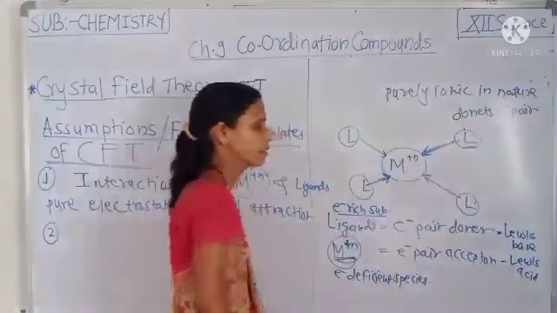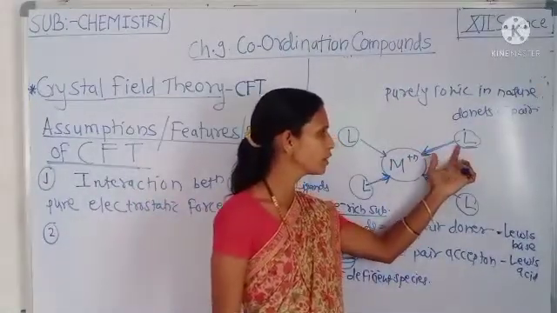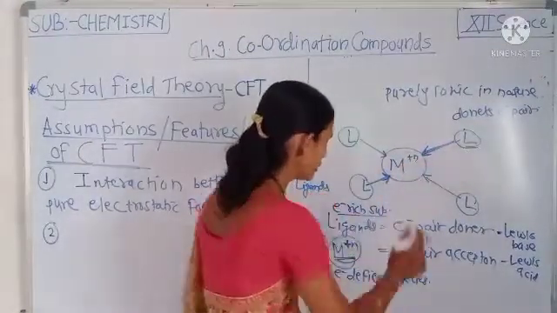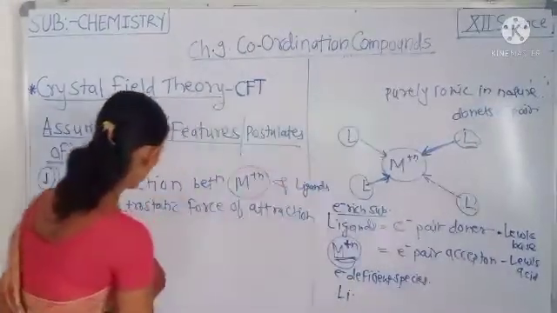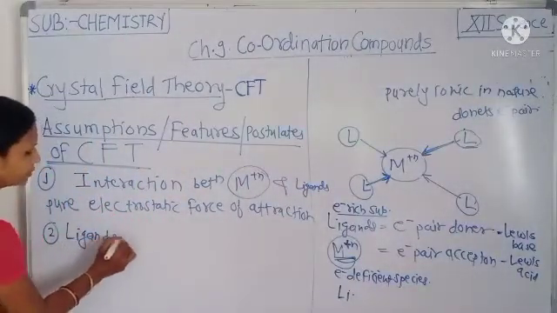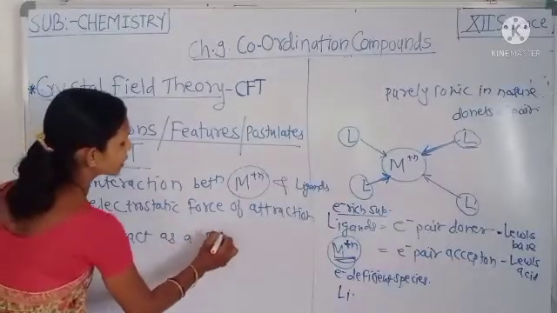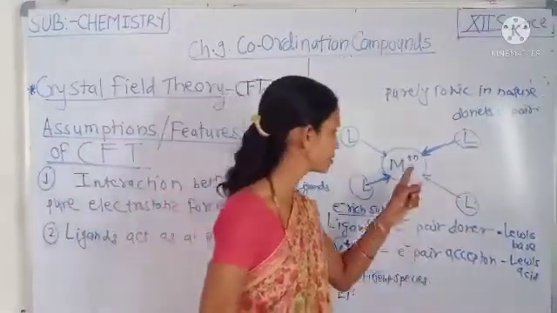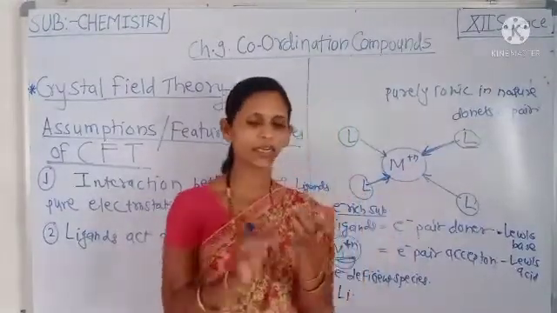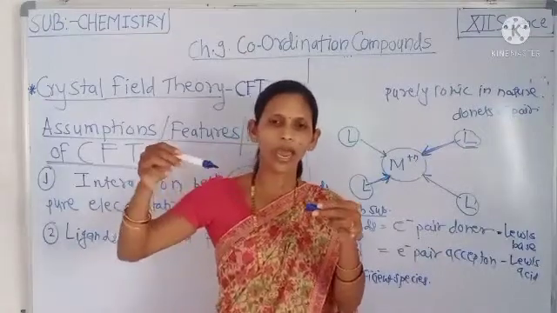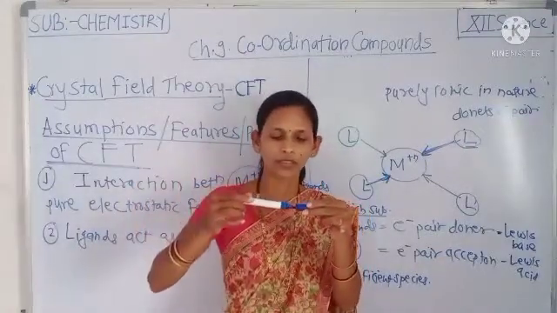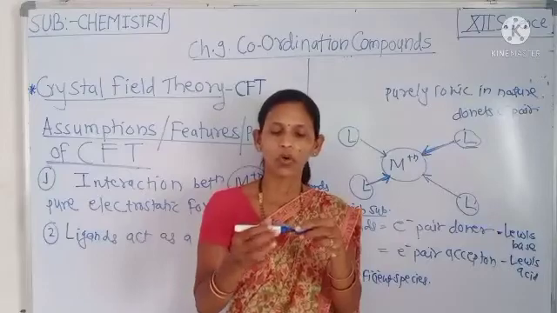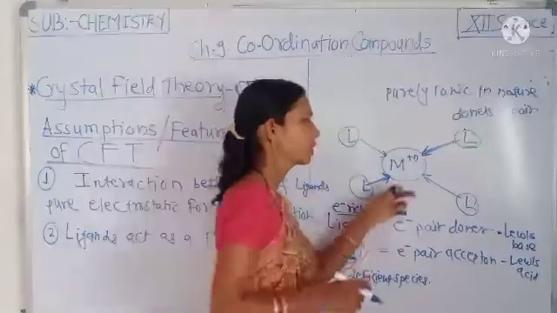That means ionic bond formation takes place between ligand and metal ion, because the ligands act as a point charge, with one donor atom of the ligand interacting with the central metal ion.